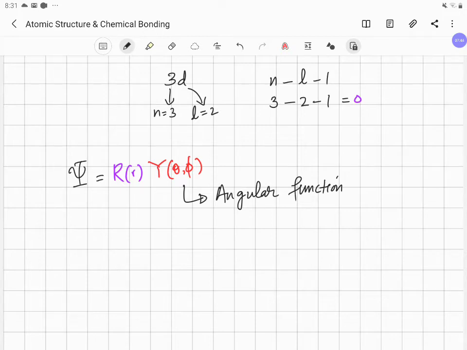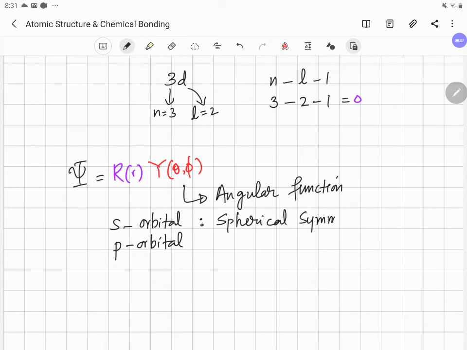The theta and phi dependence actually comes from p orbitals. S orbitals are independent of theta and phi and are known as spherically symmetrical functions.